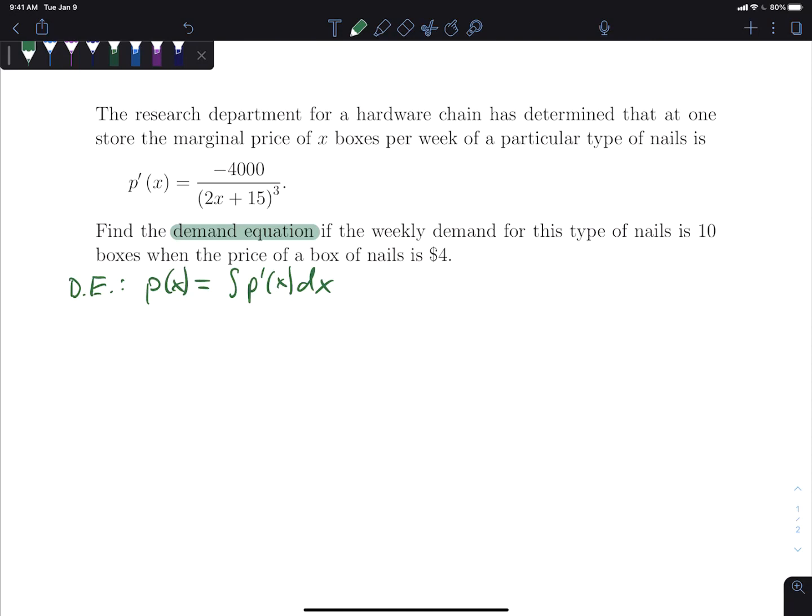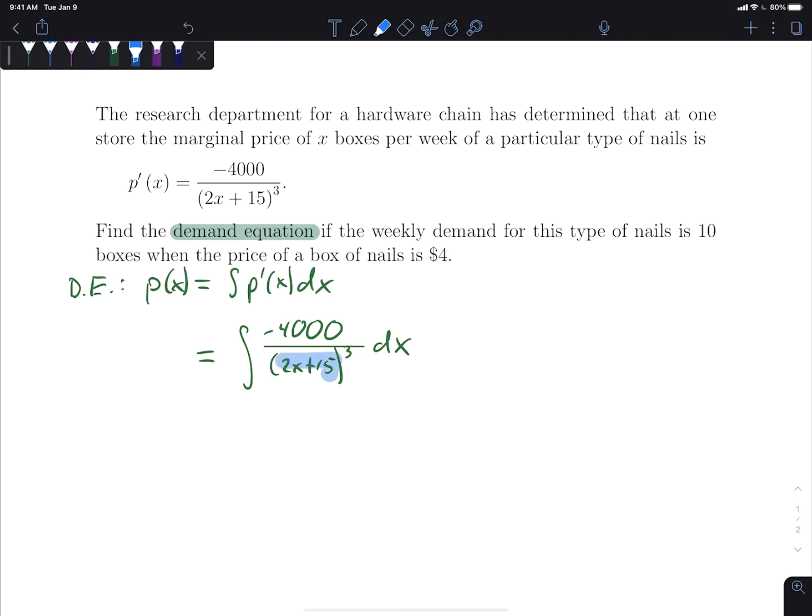So what do we have? Well, we have the integral of negative 4,000 all over (2x plus 15) cubed dx.